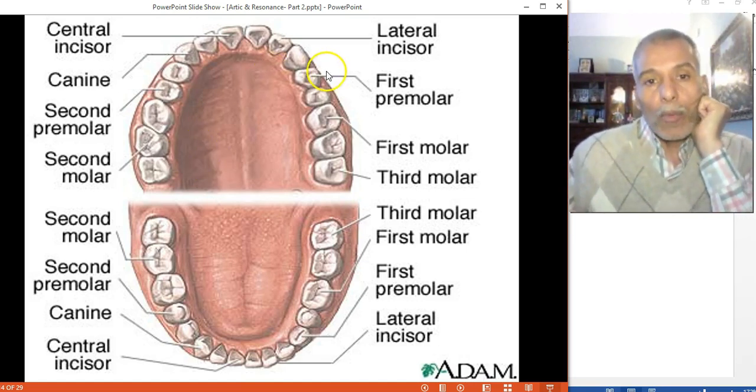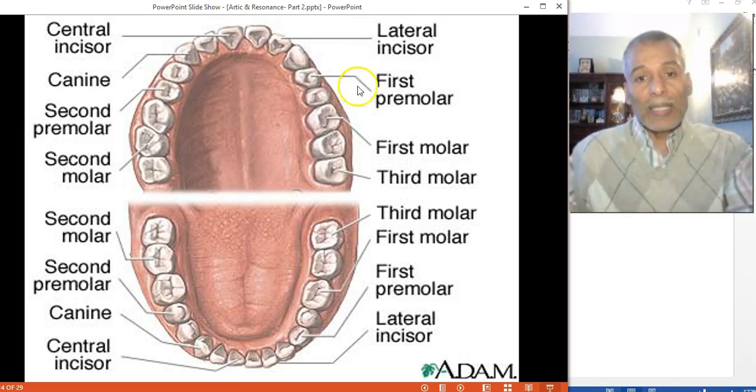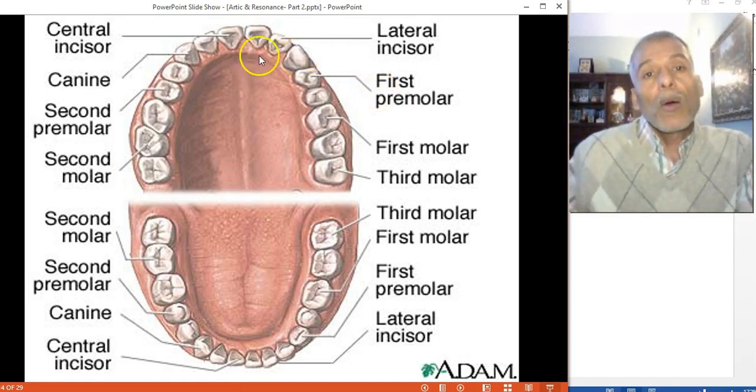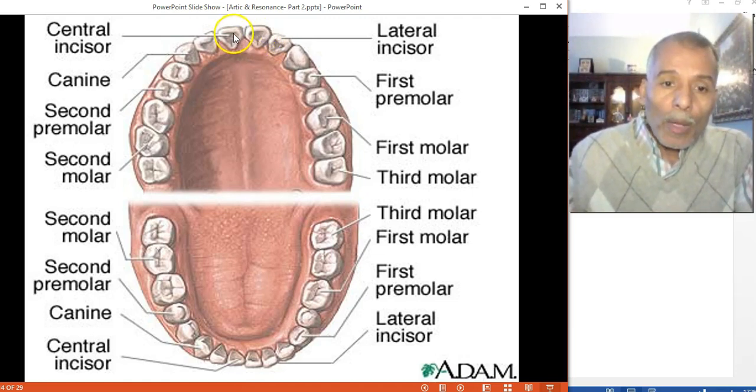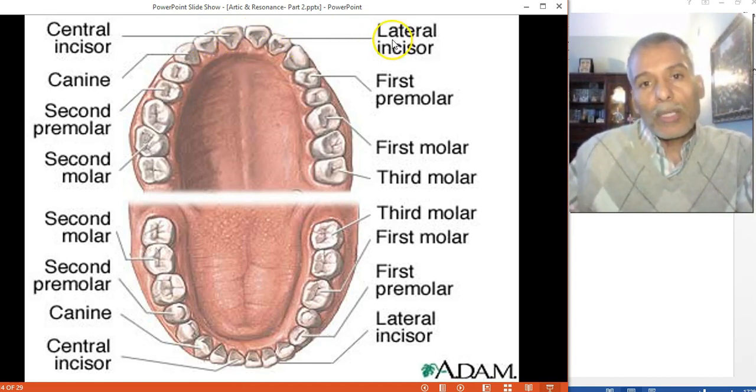Here is a more detailed one, and that is the adult or the permanent arch. We have the central incisors and lateral incisors. So these are the incisors, which are 4, 2 central and 2 lateral. Next to the lateral incisor on either side, you have the canine.